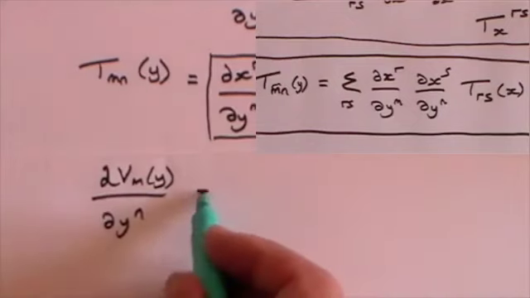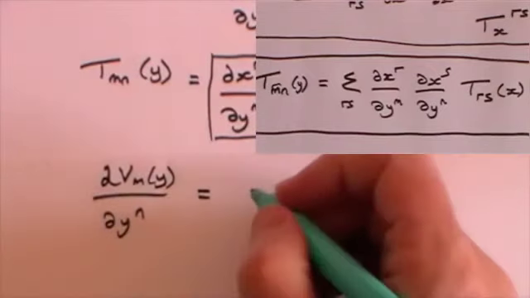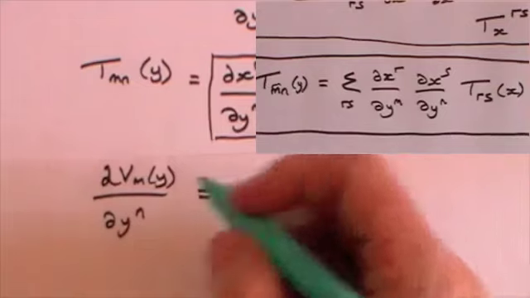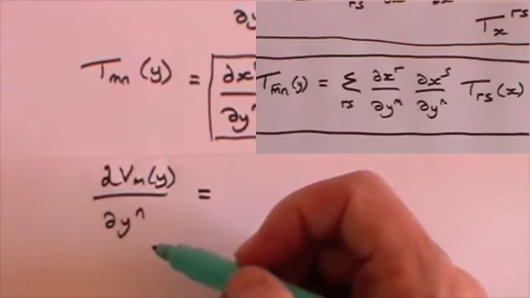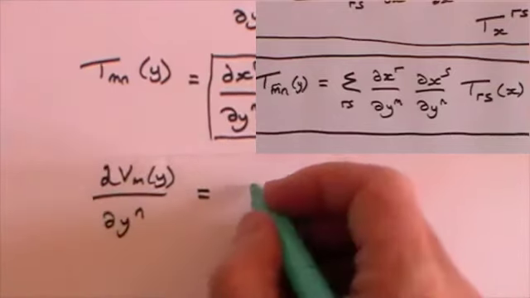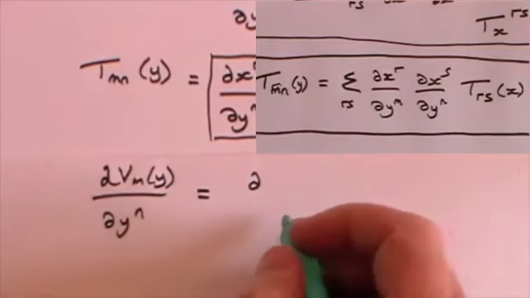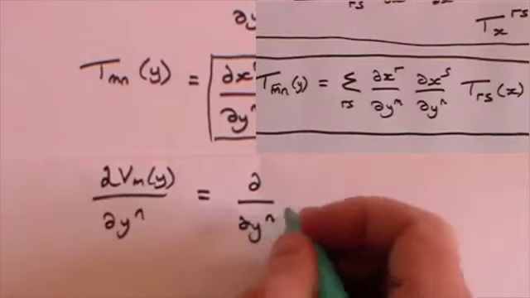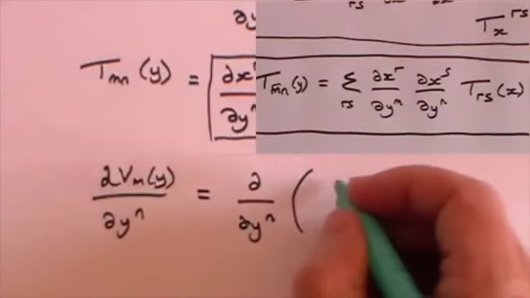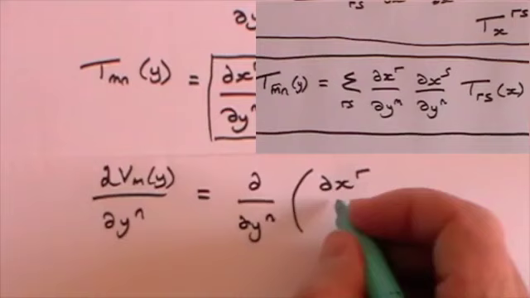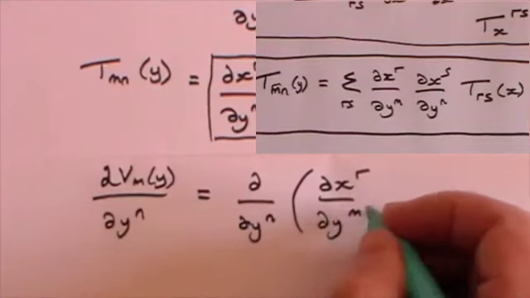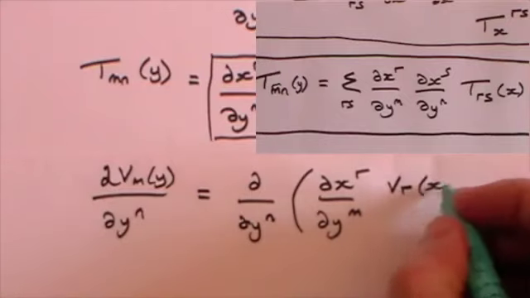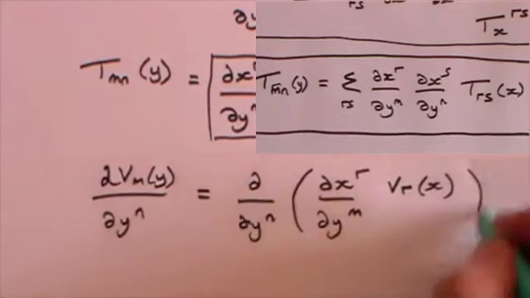If you do it for a single index, you can see that dVm by dyn is actually equal to the derivative, with respect to yn, of dxr by dym times Vr in the x frame of reference.